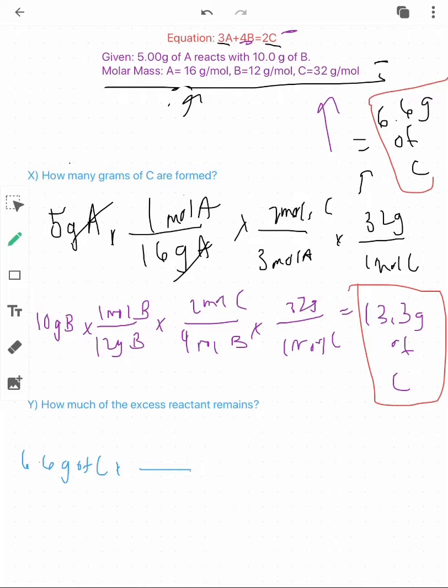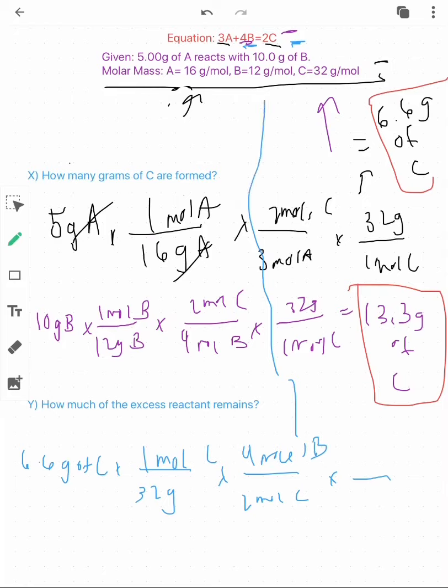To get moles of C, we use the molar mass: for every 1 mole of C, there are 32 grams. Then to get from moles of C to moles of B, we use the stoichiometric coefficients: for every 2 moles of C, there are 4 moles of B. Then to get from moles of B to grams of B, we use the molar mass, approximately 12 grams per 1 mole.